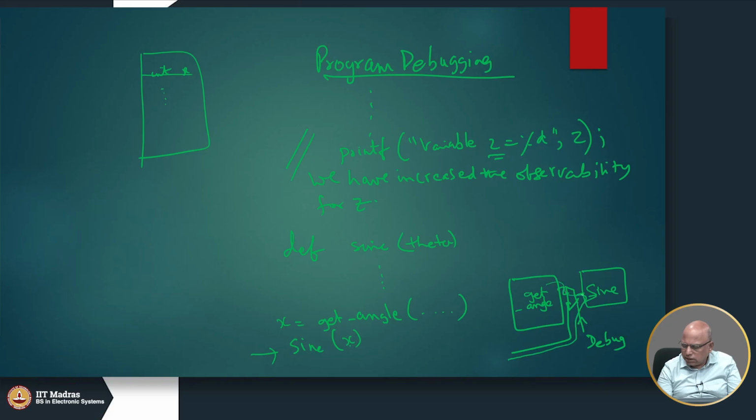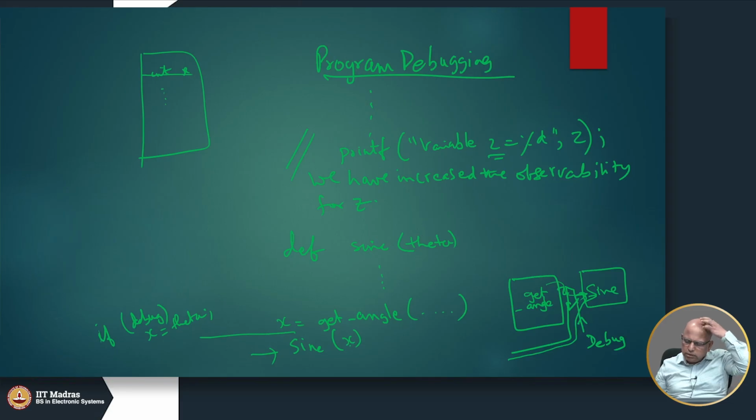During actual test operation, get angle will produce a value. So, what I can do is, if debug then x is equal to some value. I am overwriting the value that get angle gives me, so that if it works correctly with the theta that I am providing, that means the problem is with get angle. If it does not work even with the correct angle, that means I suspect the sin function.